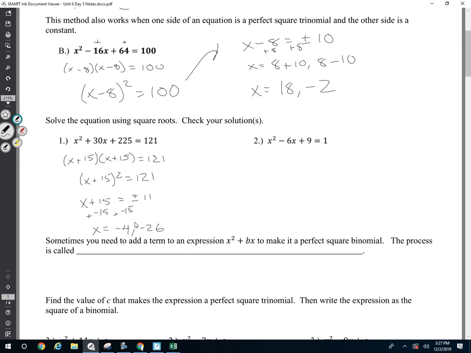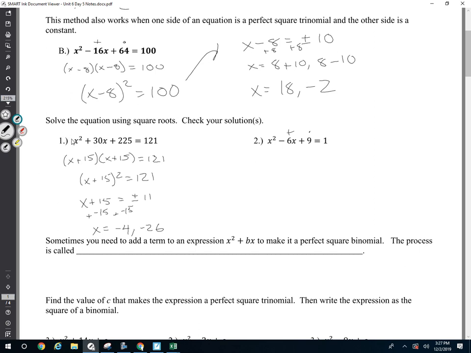Okay, you guys try the next one. Go ahead, do it. Please. All we're doing is looking for two numbers that add to get negative 6.